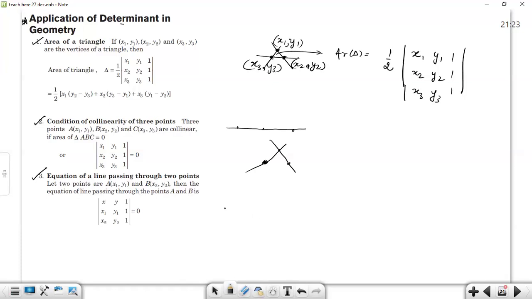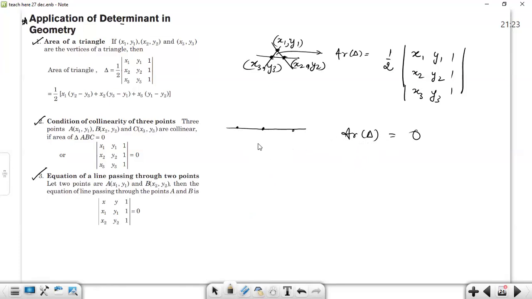Now please tell me, if there are 3 points. 3 points are capable of making a triangle, but if they are lying on a straight line, then they will not be forming any triangle. So the area of the triangle formed by these 3 points should be 0, because the triangle is not formed. So to find out the condition whether the given 3 points are collinear or not, we'll be finding out its area.